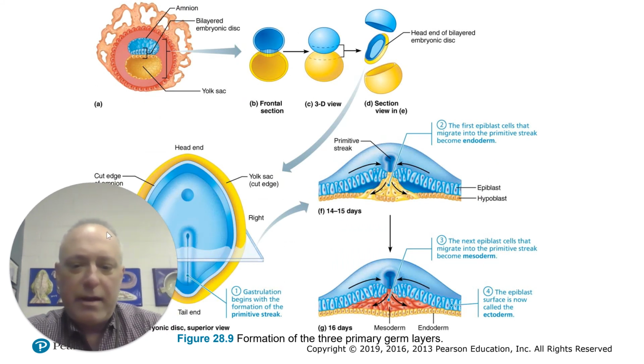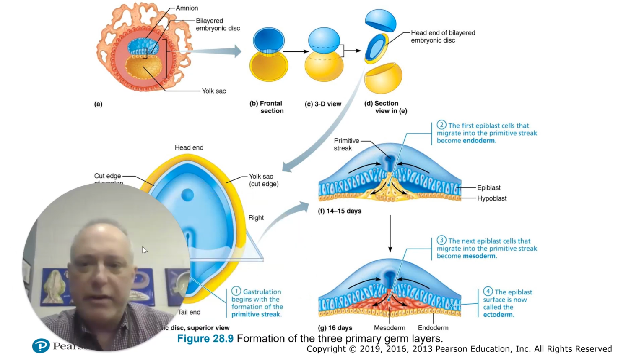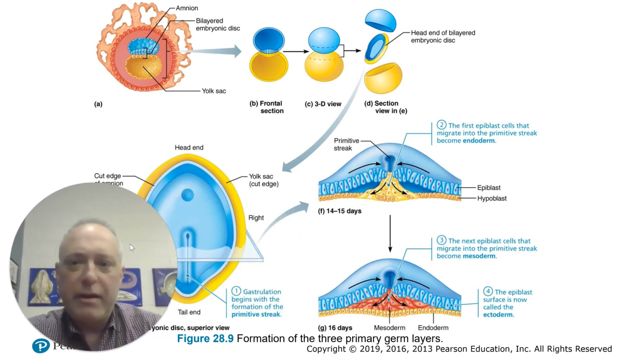And so gastrulation is the process by which 3 germ layers are produced. And what happens is a primitive streak is formed, and as the cells of the embryo migrate past this primitive streak, they will differentiate into mesoderm, ectoderm, or endoderm.